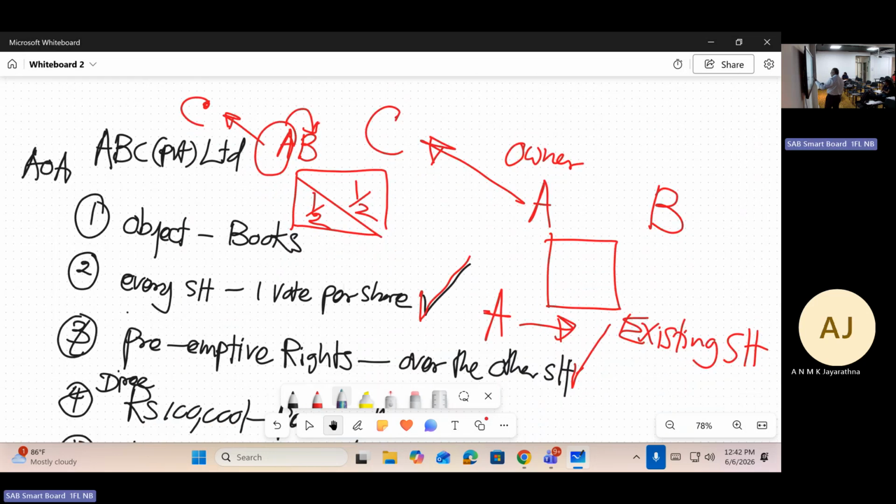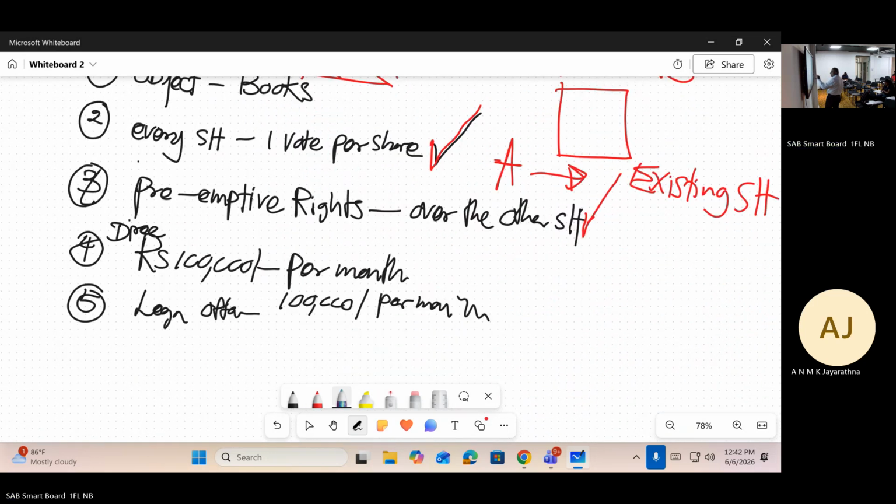And the last one is the legal loss, entitled to receive 100,000 rupees per month. Again, we can identify it is not related to his capacity as a shareholder.